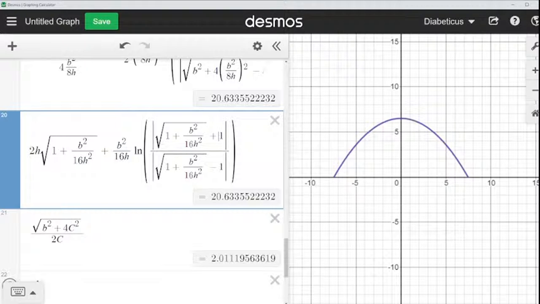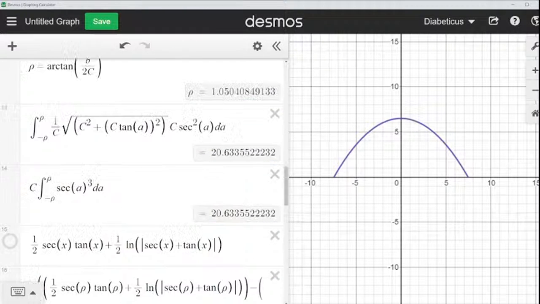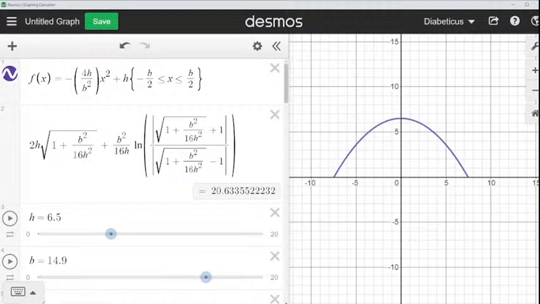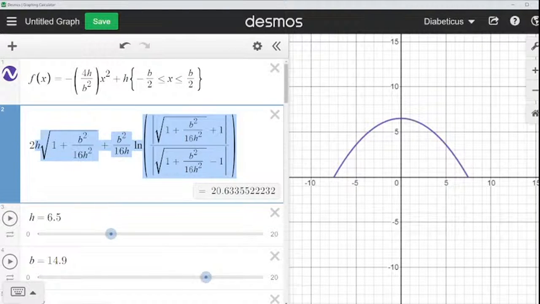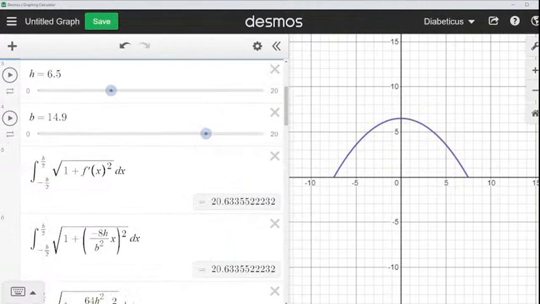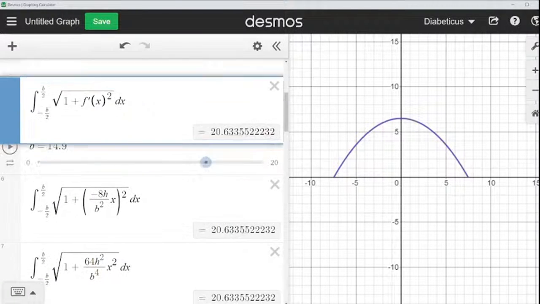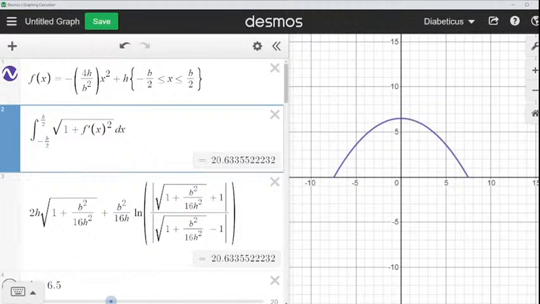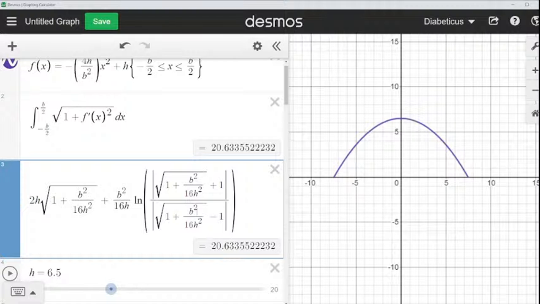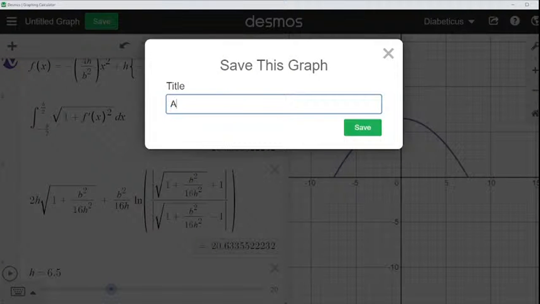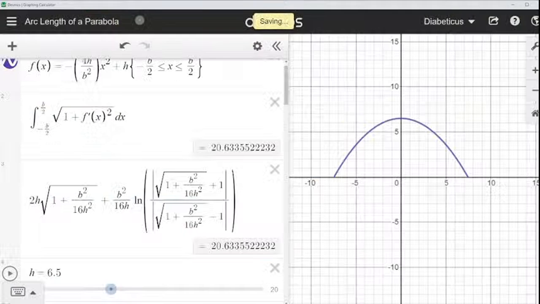Okay, so we have this, and we're done, I think. Let me put this thing as well to confirm it's true. We have the arc length of a parabola.